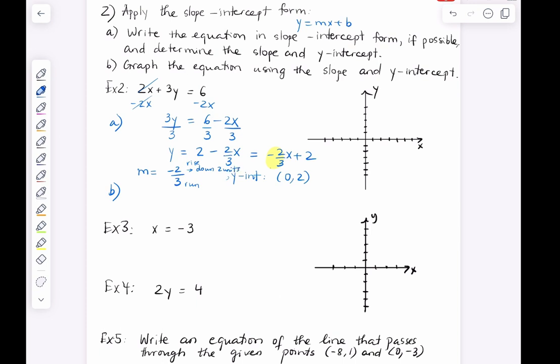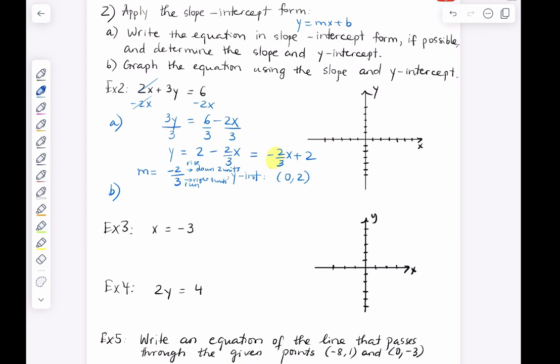And with run equal to 3, it means that we need to go to the right 3 units. So if you end up with a negative 3 instead of positive 3, it would be going to the left 3 units. And if you end up with positive 2 in the numerator, that would mean going up 2 units.